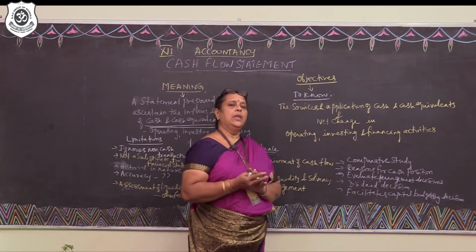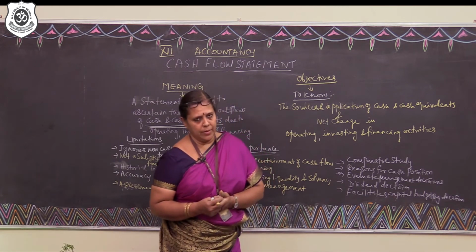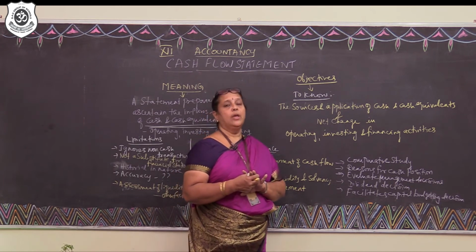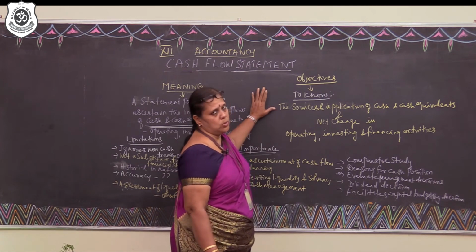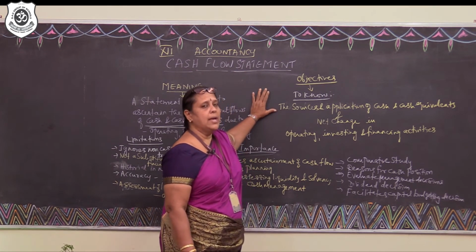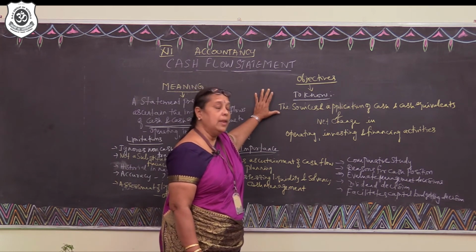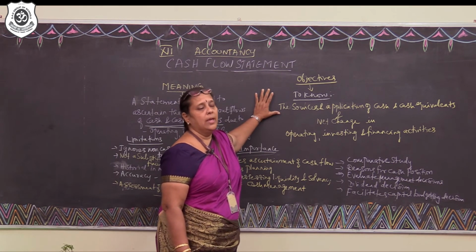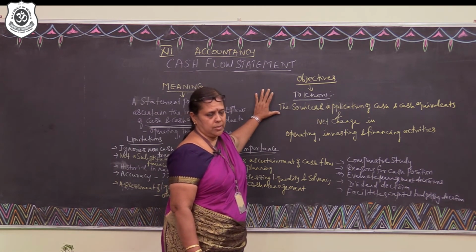Please remember, any change in one will have a series of impact on everything else. So, the objectives of preparing cash flow statement are to ascertain the increase and decrease, or sources and applications, of cash and cash equivalents and their usage, and the net effect of this increase or decrease in cash and cash equivalents in operating, investing and financing activities.